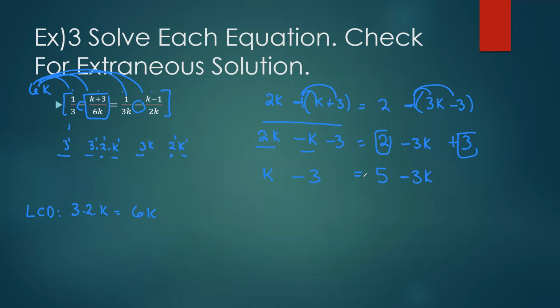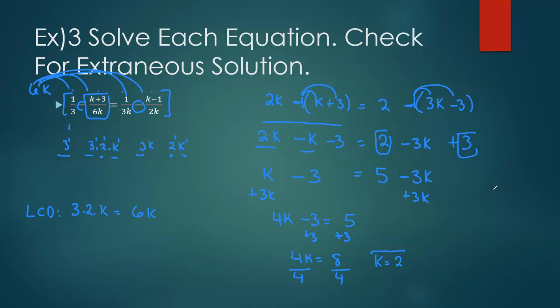Okay, and then solve for K. So I can move this -3K to the left by adding 3K. 1K plus 3K is 4K. And then let's get the constants on one side. So I'm going to add 3, add 3. 5 plus 3 is 8. Divide this by 4, divide this by 4. 8 divided by 4 is 2.